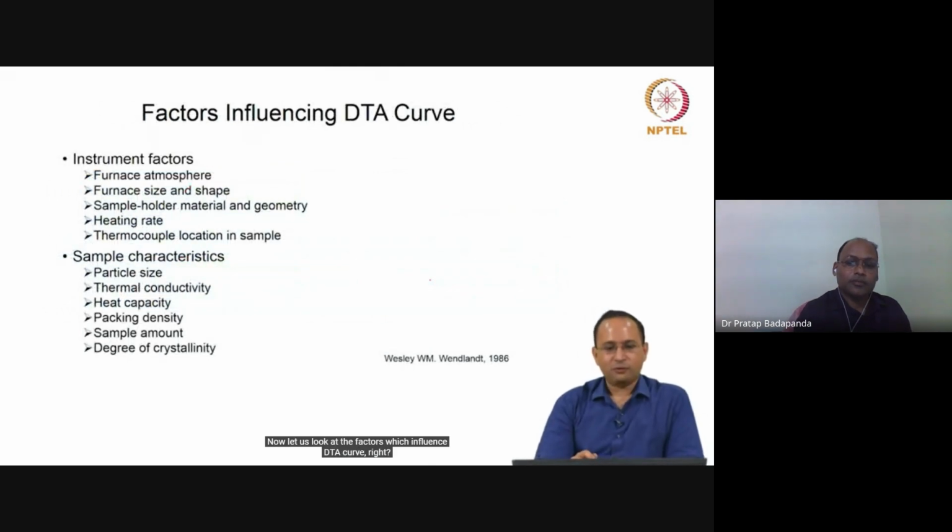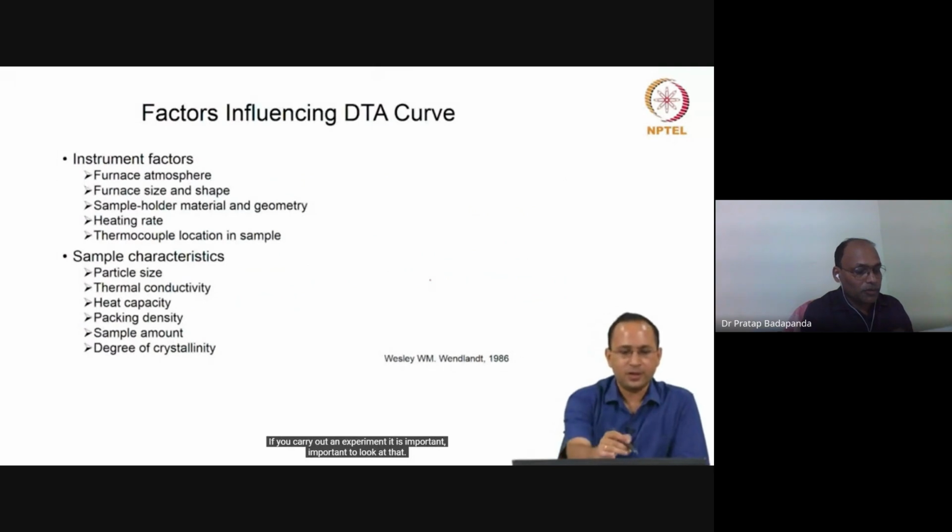Now let us look at the factors which influence the DTA curve. We know how to measure the temperature using thermocouples, and different processes. So we get a typical curve. Now it's important to know what factors can influence your DTA curve. If you carry out an experiment, it's important to look at that. There are a lot of instrument factors, obviously, like furnace atmosphere.